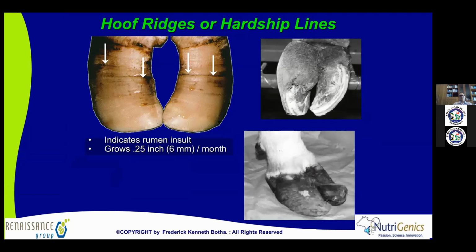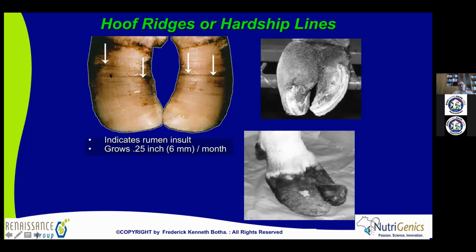The other thing we evaluate, and I think one of these photos was also on Dr. Chris' slide on acidosis, is the hardship lines on hooves, when I'm in a feed lot or in a milking parlor, to see if I see a lot of these hardship lines. I know that the frequency of acidosis is then quite high.